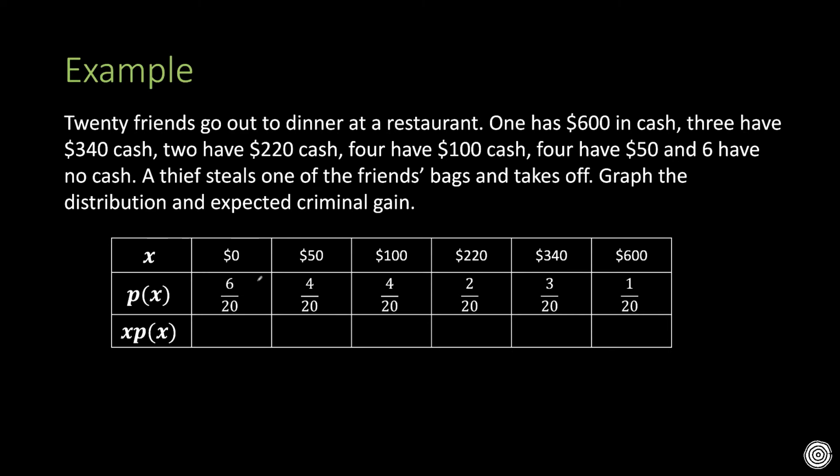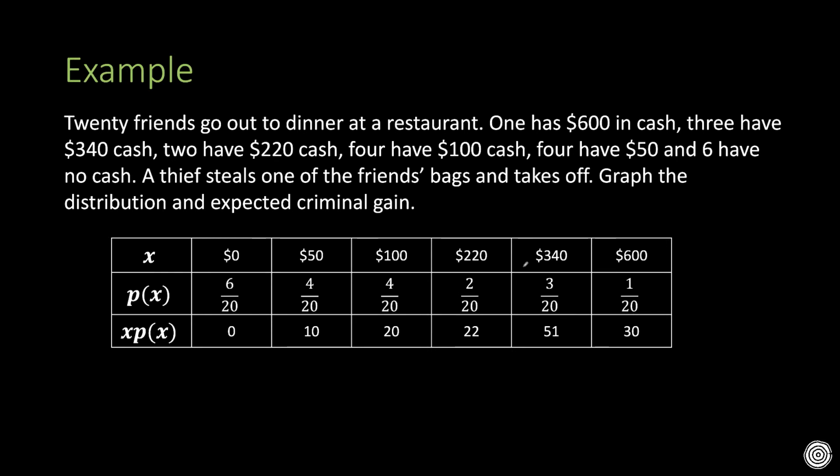Now I'm going to multiply these two together, and for 0 times 6 on 20 I get 0, 50 times 4 on 20 I get 10, 100 times 4 on 20 is 20, 220 times 2 on 20 is 22, 340 times 3 on 20 is 51, and 600 times 1 on 20 is 30.